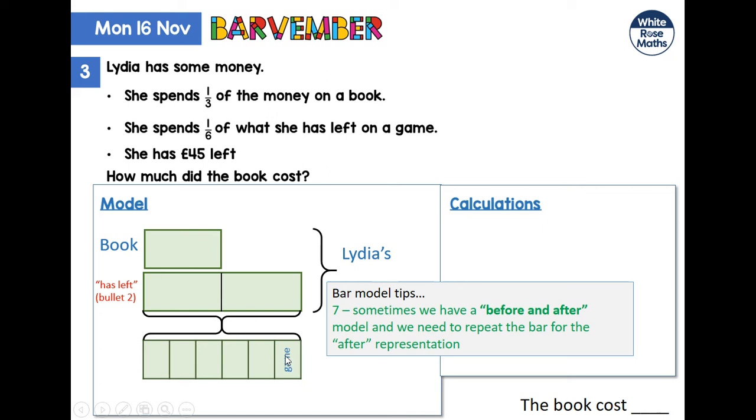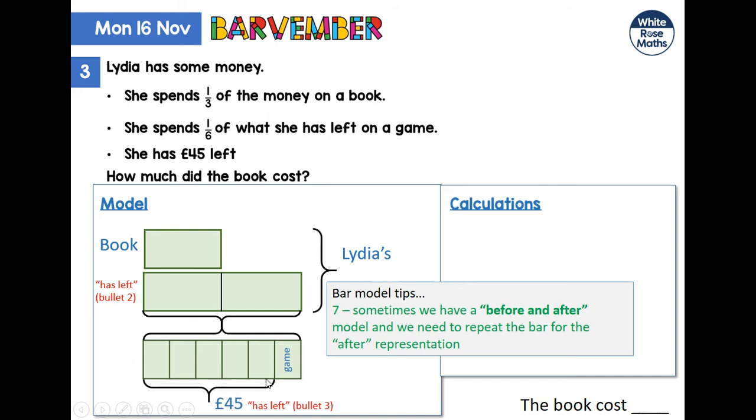Now, the advantage of me drawing it this way is that it wouldn't matter whether this is a sixth, whether it's 2/7, whether it's 3/11. In the previous example, it all worked because we could divide everything neatly up into sixths, but we might not be able to. So this is absolutely fine how we've done it here, and we're going to see that we actually have to put in some extra steps in our calculation.